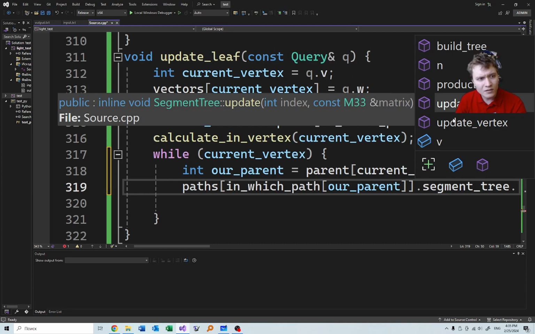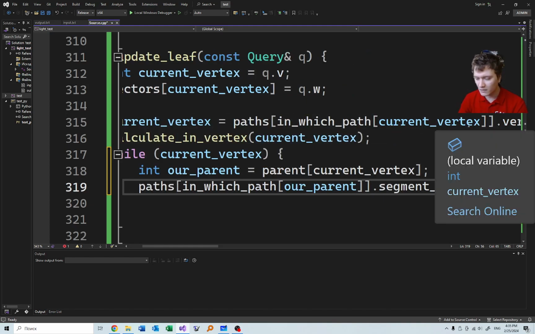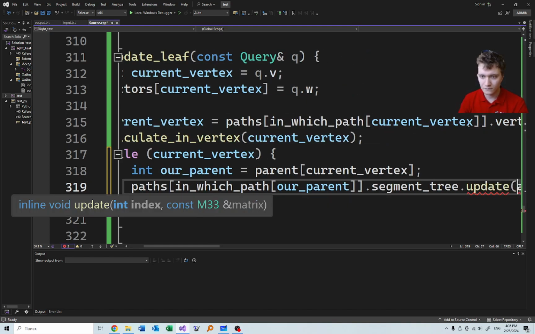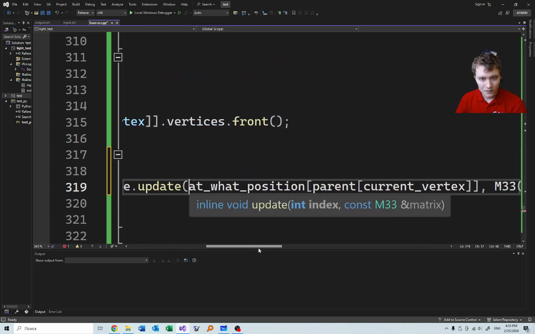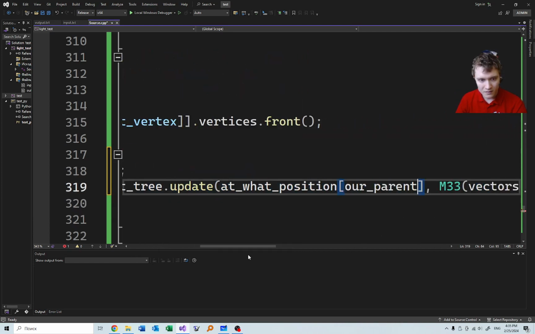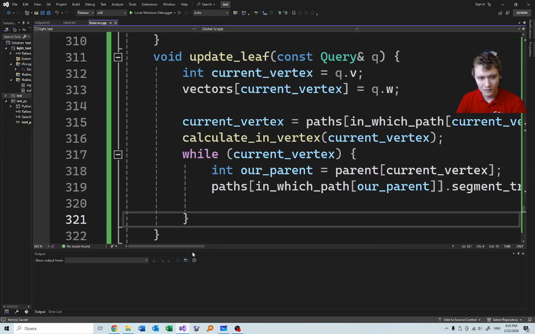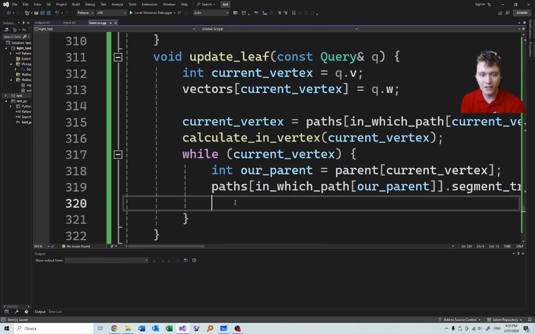What is update vertex? Okay, update at what position this parent is with this matrix. It is great.